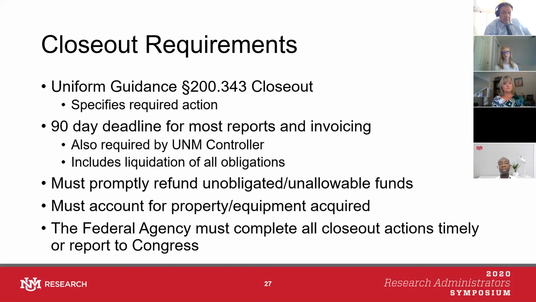And also, if there are any unobligated funds that we need to return to the university, it allows us to do that. So it's important that at this stage we all work together. But besides that, it's also a huge requirement, and it helps you to get things off of your plate, so that they are not hanging over you.